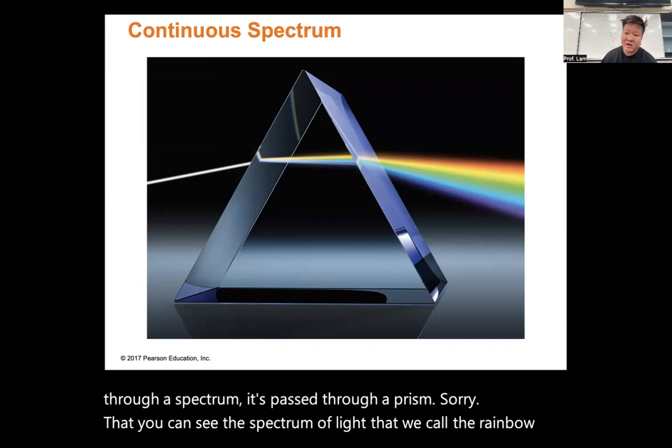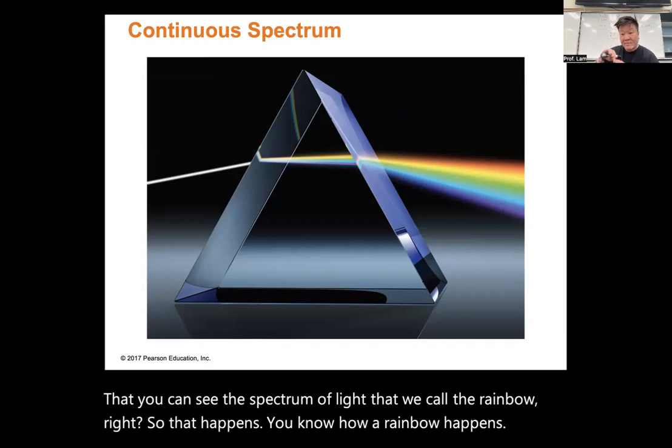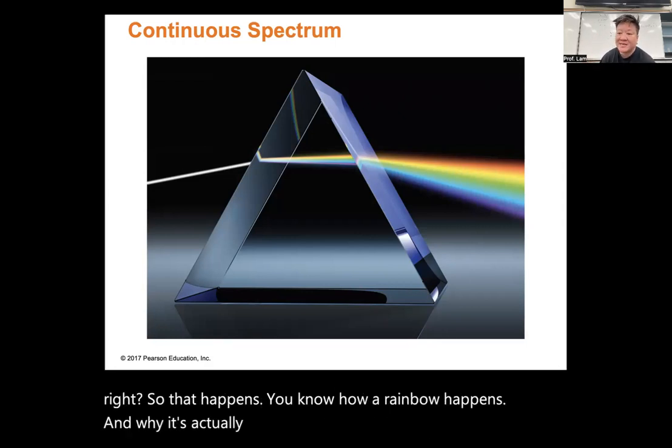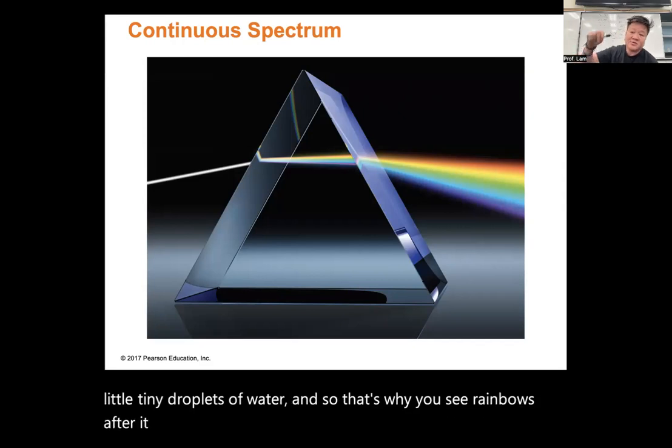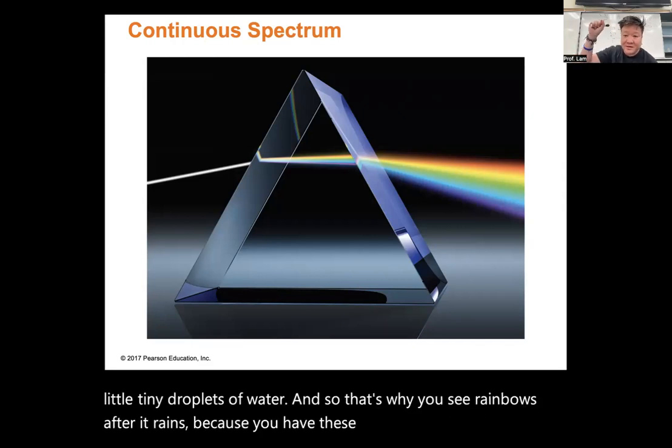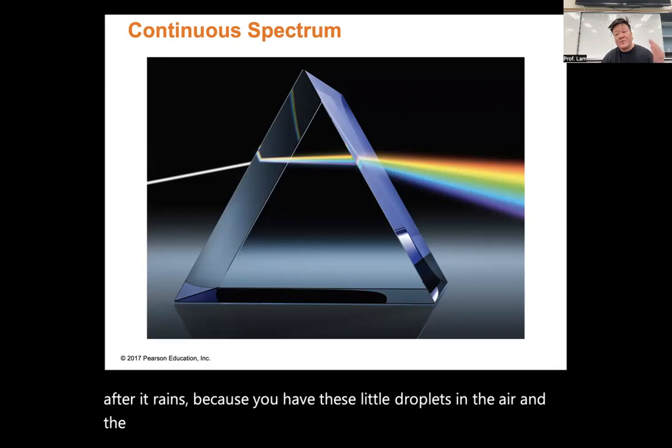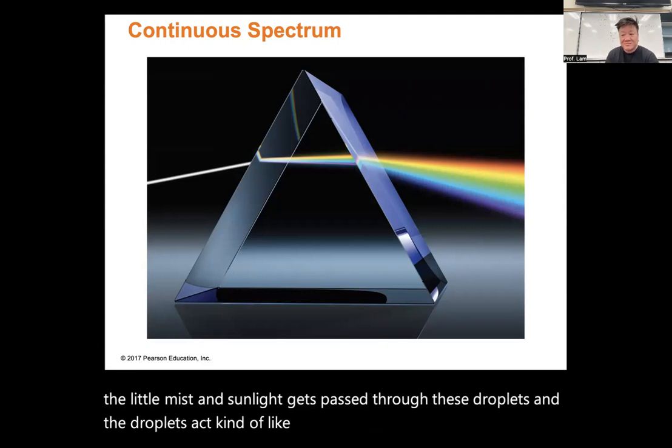So that happens. You know how a rainbow happens? And why it's actually a bow? It's because it gets passed through little tiny droplets of water. And so that's why you see rainbows after it rains, because you have these little droplets in the air, the little mists, and sunlight gets passed through these droplets, and the droplets act kind of like a sieve, like in your kitchen.